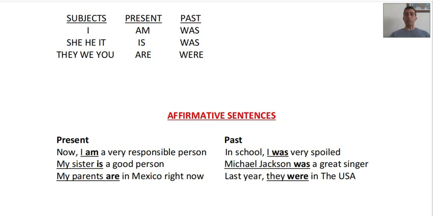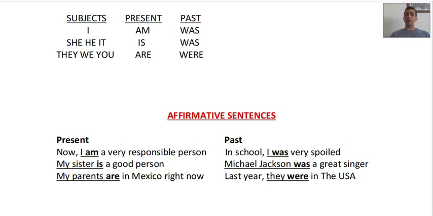Michael Jackson fue o era un gran cantante. ¿Cierto? Lo decimos de esa manera porque él ya murió. My parents are in Mexico right now. Mis papás están en México en estos momentos. Last year they were in the USA. El año pasado ellos estuvieron en los Estados Unidos.